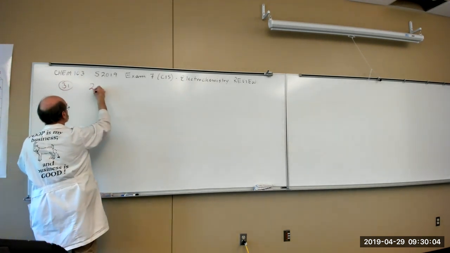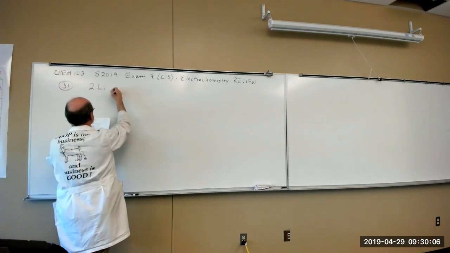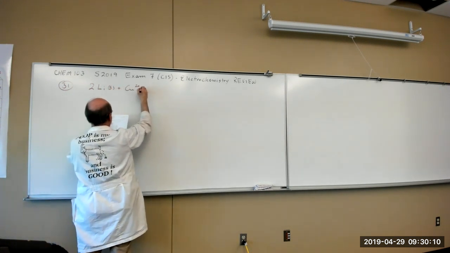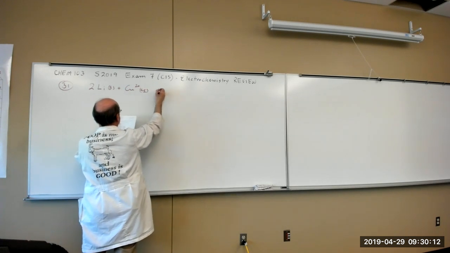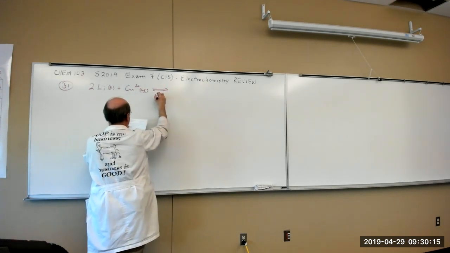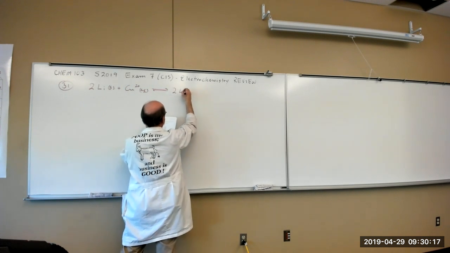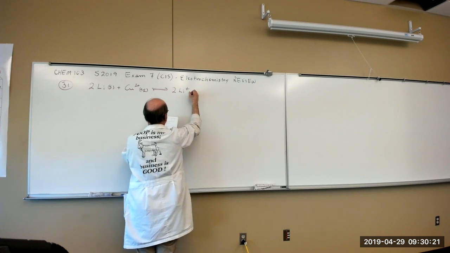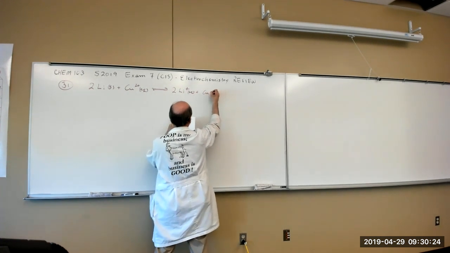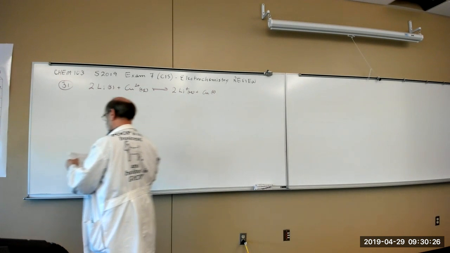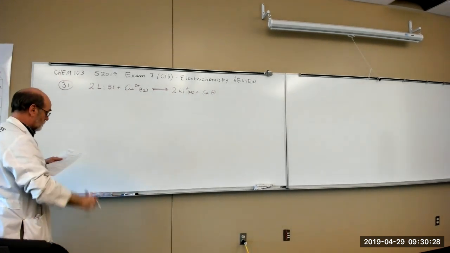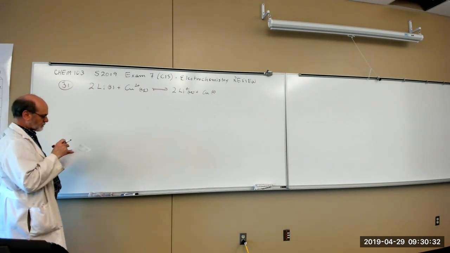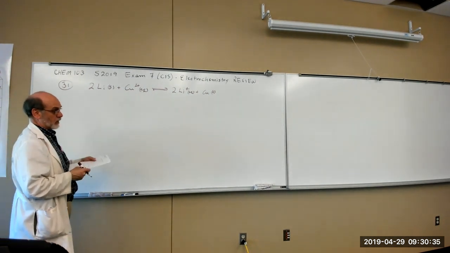So we have 2 lithium, copper, copper solid. Okay, for this one, since it's standard potential, all you need to do is decide which one's the cathode and which one's the anode.